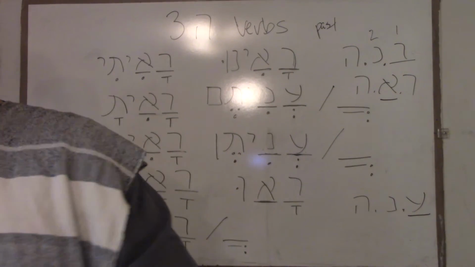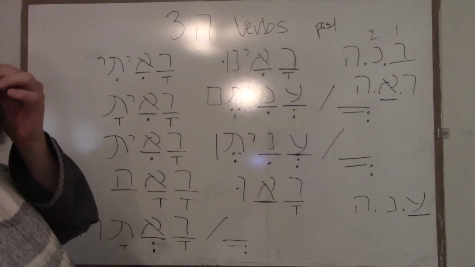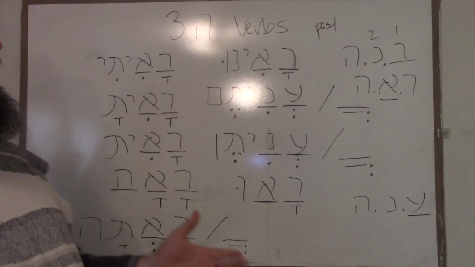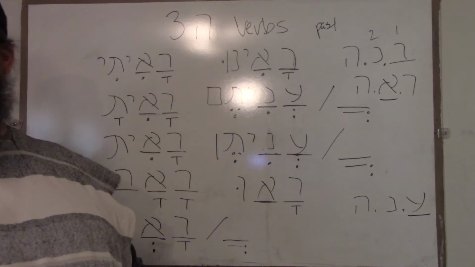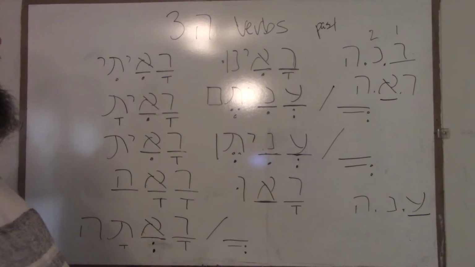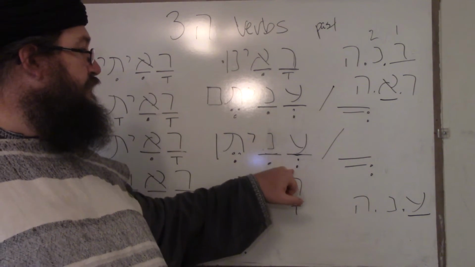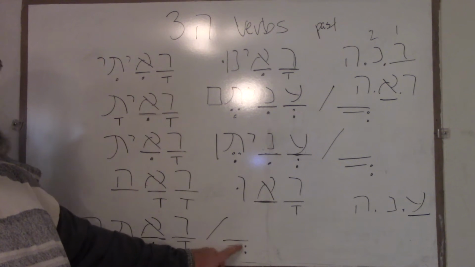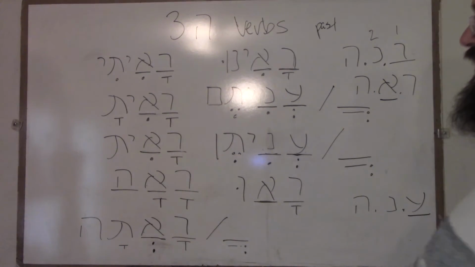I would advise that if you get this chart and pull it out, you add these different segments for yourself onto the chart so you can differentiate between when a guttural is in the front, where these two have to change vowelization, as well as if a guttural is in the middle, where you have to change the vowelization on the second root letter so that a vowel sound is placed instead.